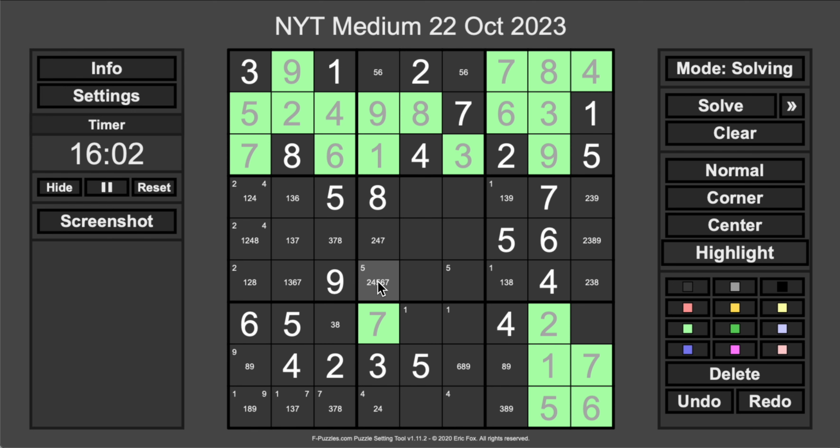This one isn't 4 or 7. And now that one's not 7. This one isn't 5, 6, or 7. Looking at this, that's not 2. So I've now got a 2, 4, and I've got a 5, 6. Okay, I've done all I can there.